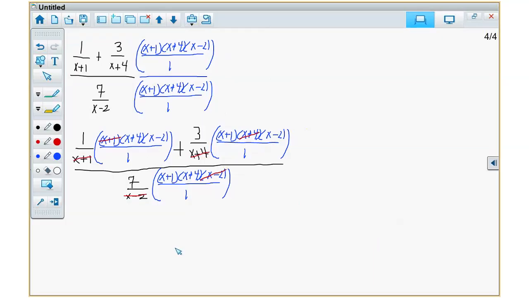Okay, now finish it. All you got to do now is just some Algebra 1 distributive law and see if anything cancels out, and simplify.